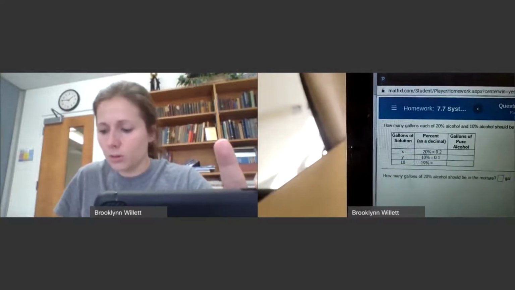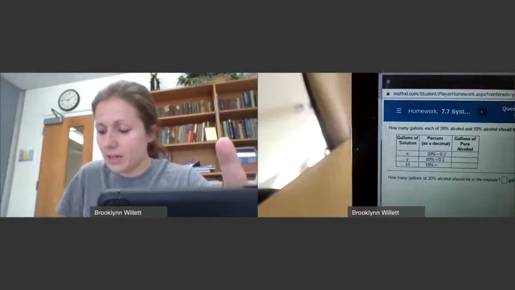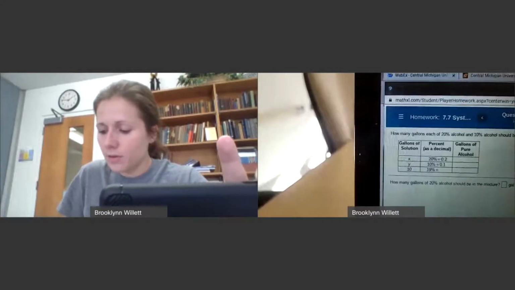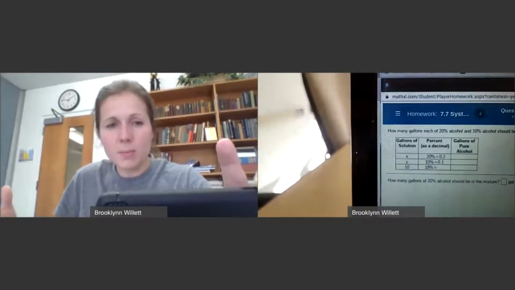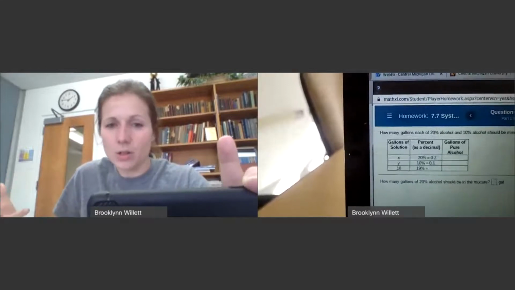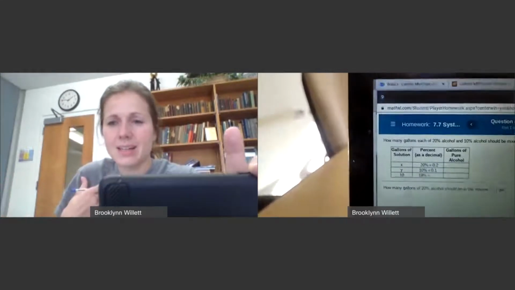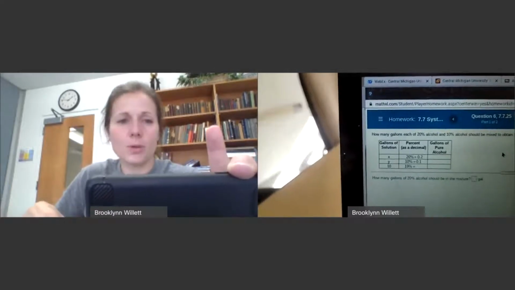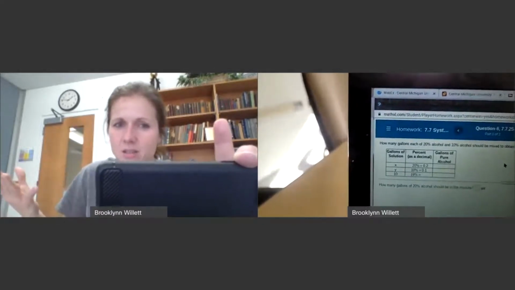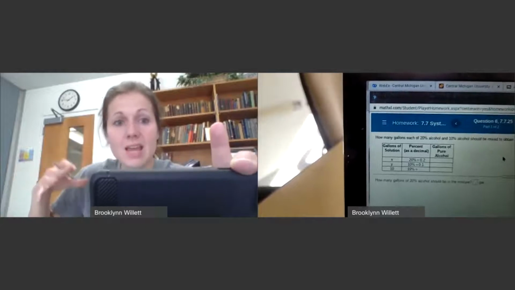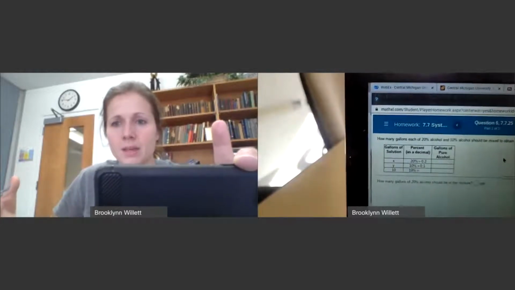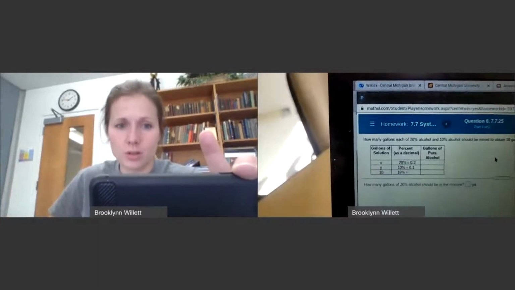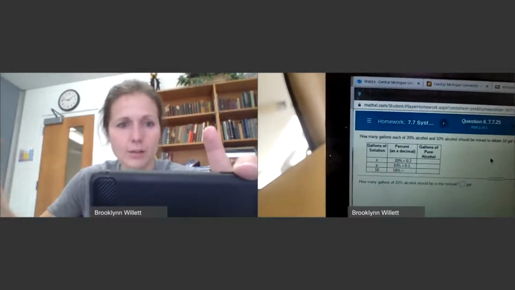So X equals gallons of... now I could write the 20% solution because that's the name they're using in this problem, but as soon as I start putting numbers within the name for my variable, I think that leads to some confusion. So instead of naming it the 20% solution, I'm going to call it the strong solution because it's the higher of the two.